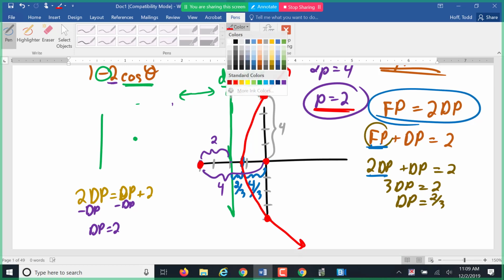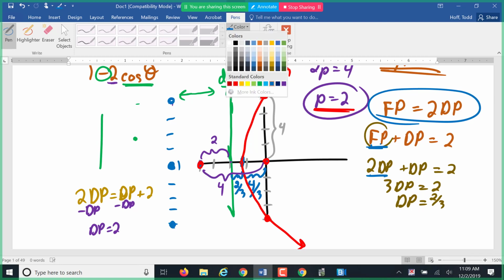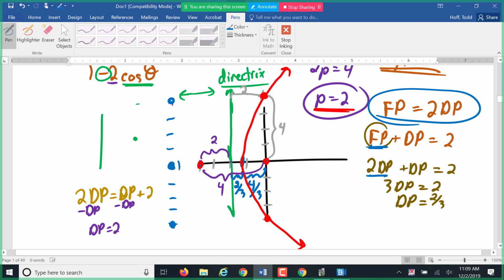So if I go over 4/3 of a unit from that point, which is how far it is to the focus, this would be the other focus. If I go straight up, I have to be 4 units up from that, and 4 units down from that to get other points on that hyperbola. Again, that's just mirroring the other side.